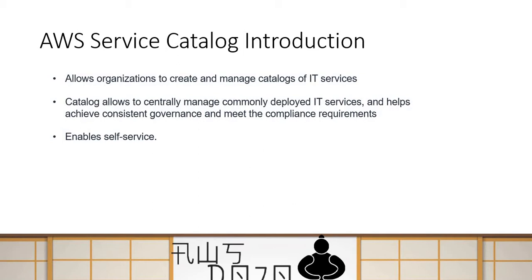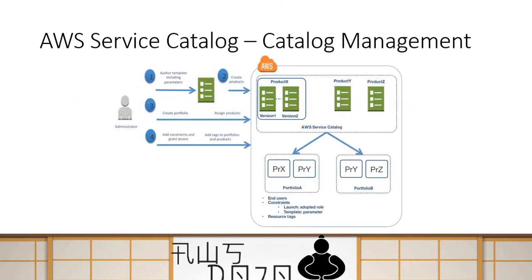So if you are defining Service Catalog as an administrator, primarily what you do is create products, and these products are nothing but CloudFormation templates which create a particular service or set of AWS services in a certain standard way you want to create with some predefined configuration and everything.